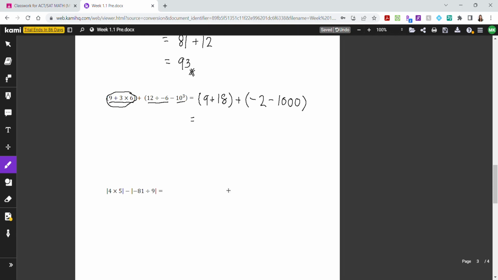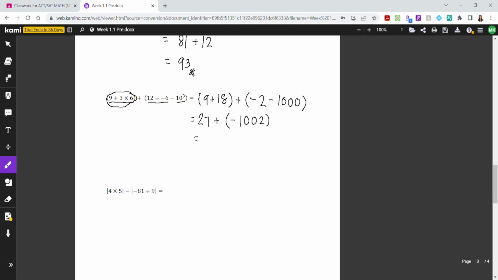So 9 plus 18 is 27, plus, oh look, negative 2 minus 1000 will become negative 1002, right? And then from here, we would do 27 plus negative 1002, right?